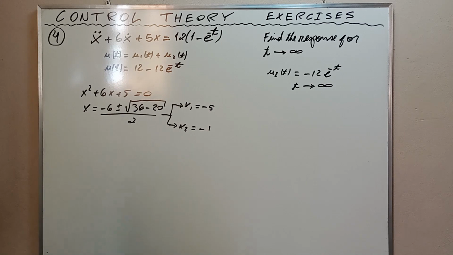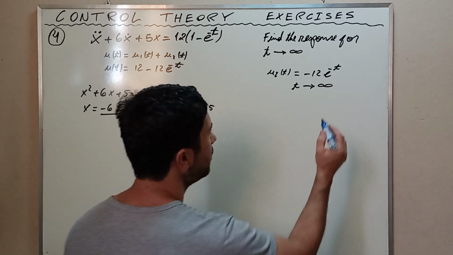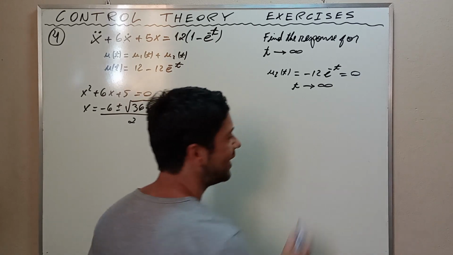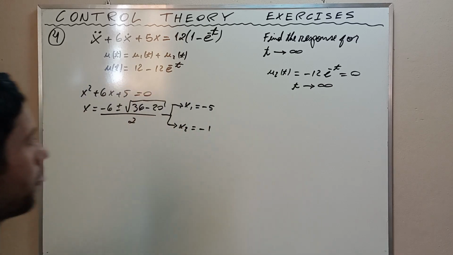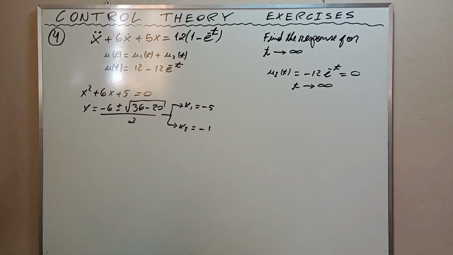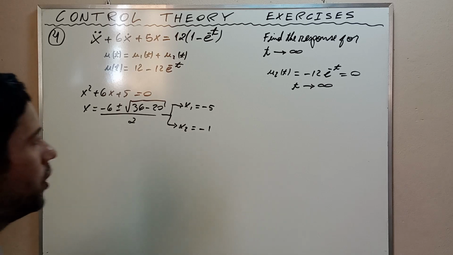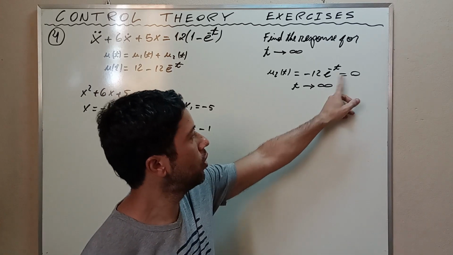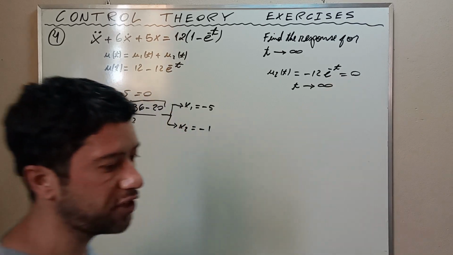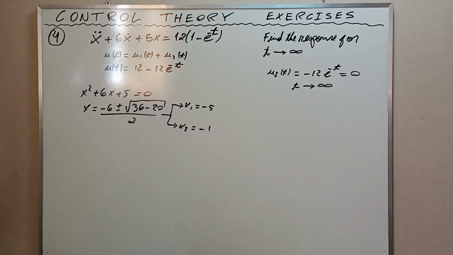What is going to happen there when time goes to infinity? Can you see? Do you comprehend? When time goes to infinity, this term here naturally decays to 0. Alright? So we don't need to worry about this because we know that the final value for this part here is 0. It naturally decays to 0.